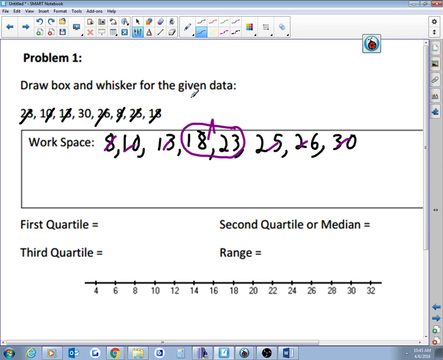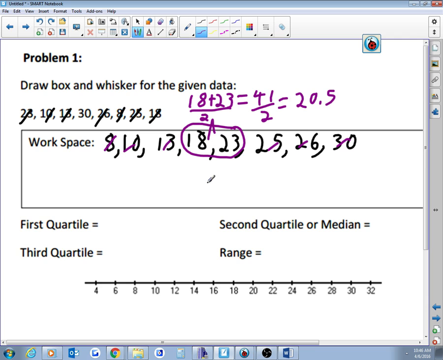So in order to do that, we can do 18 plus 23 and then divide it by 2. Find what number goes right between 18 and 23. So 18 plus 23 is 41, and 41 divided by 2 would equal 20.5.